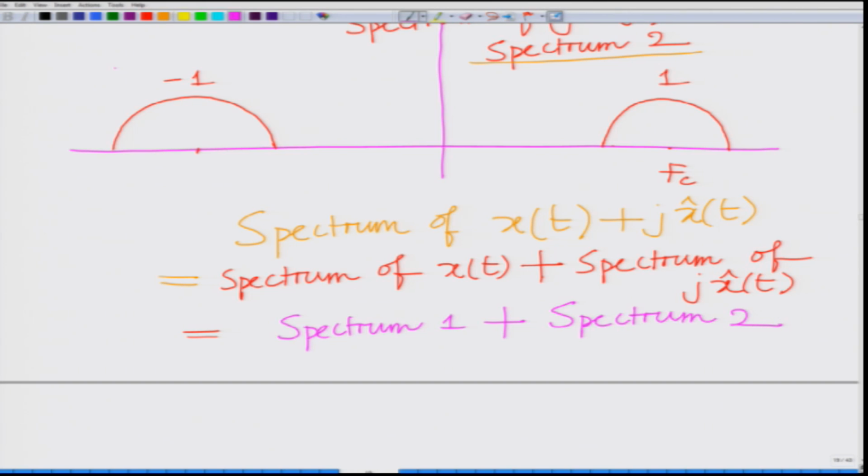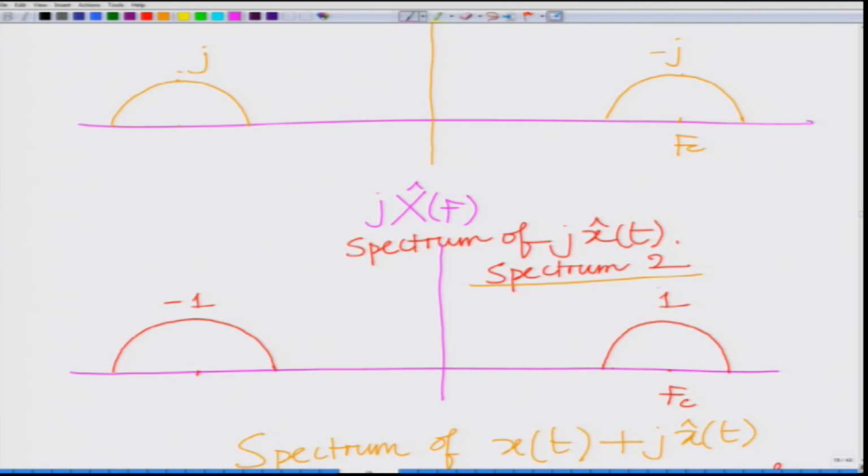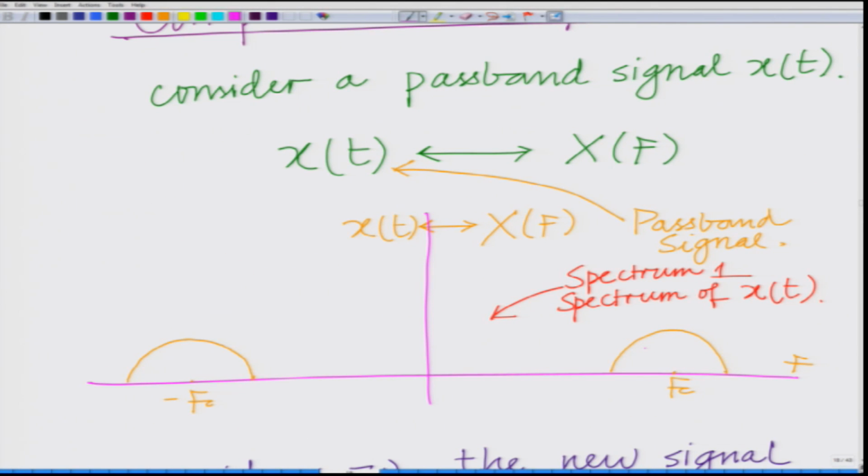So what we have derived is the spectrum of x t and the spectrum of j x hat of t. We are now trying to add these two spectra, and you can see that the spectrum of x t is simply both the sidebands scaled by 1, that is unity factor, that is the default.